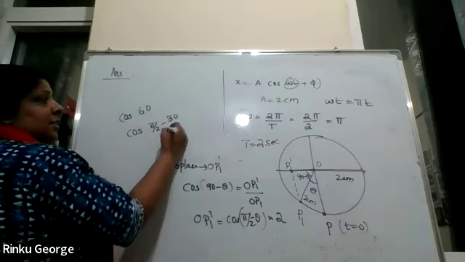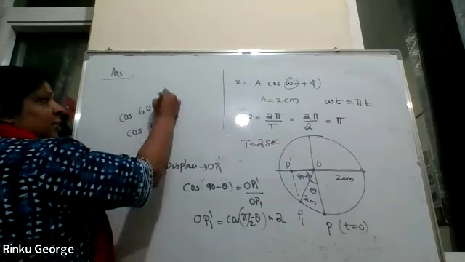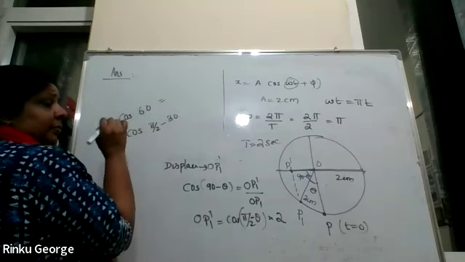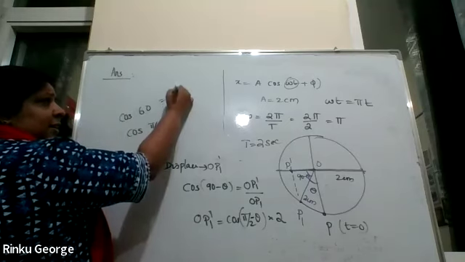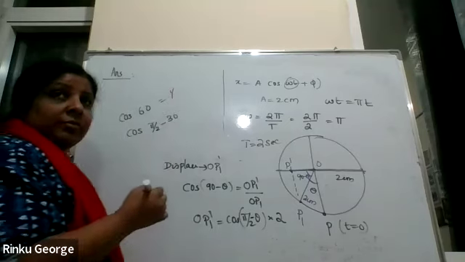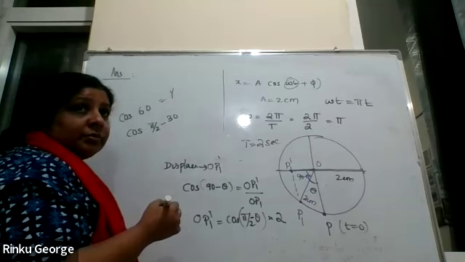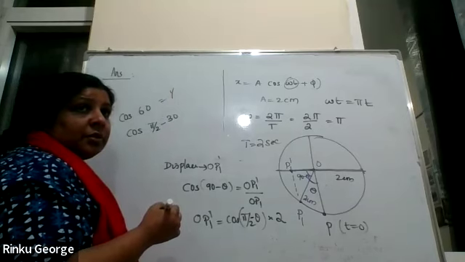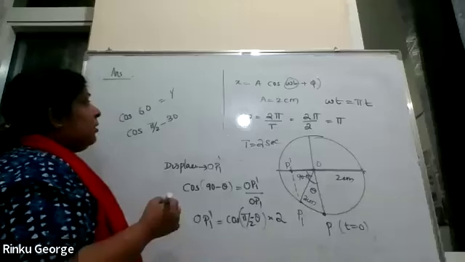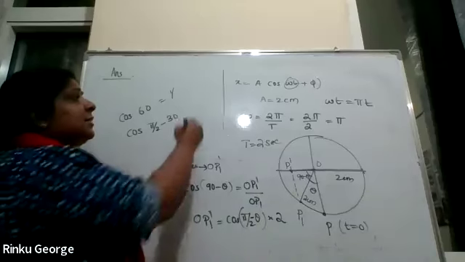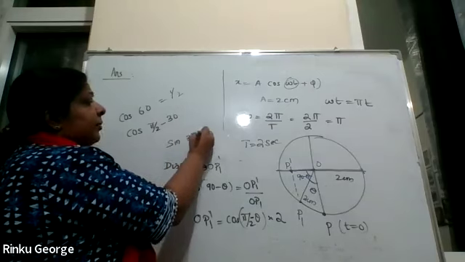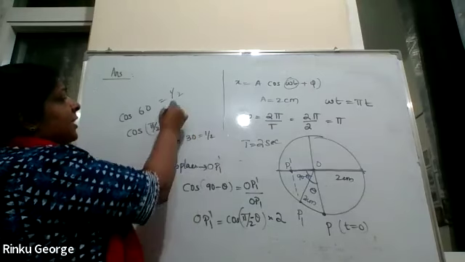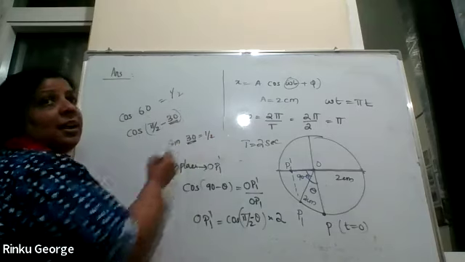What is the cos 60 value? 1 by 2. And what about sin 30? 1 by 2. See, cos of 90 minus theta will be sin theta.